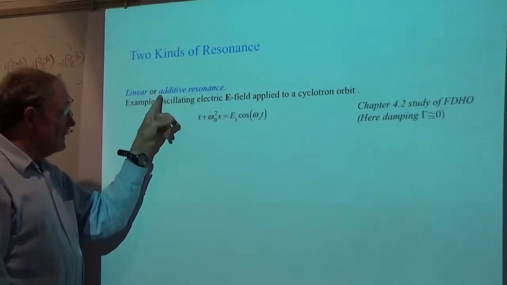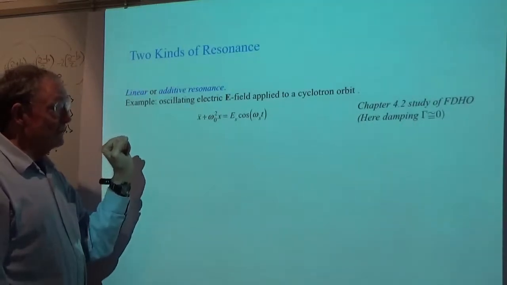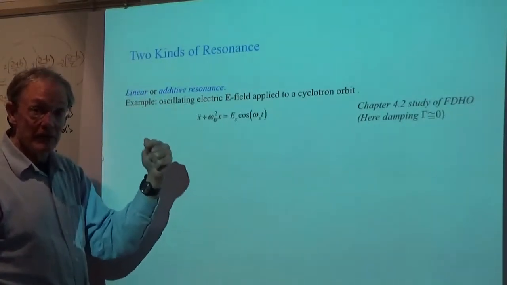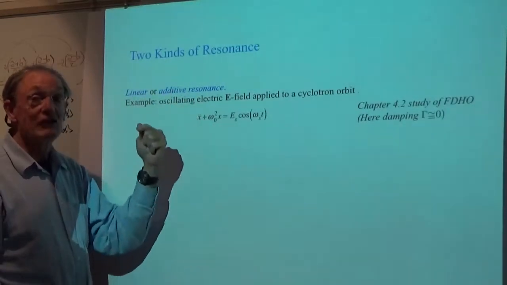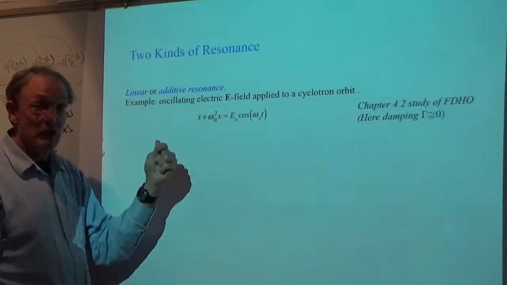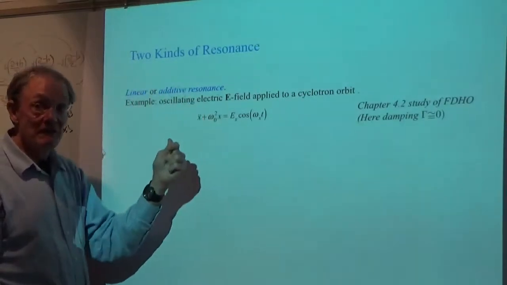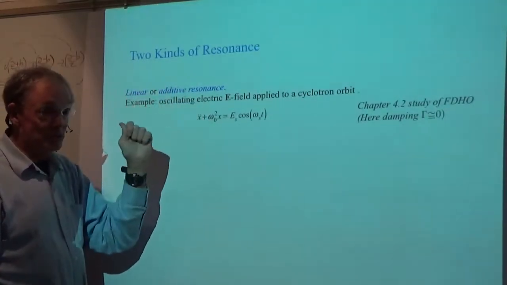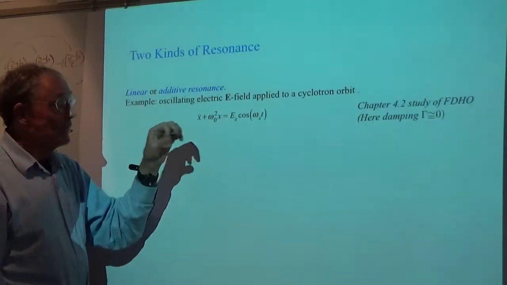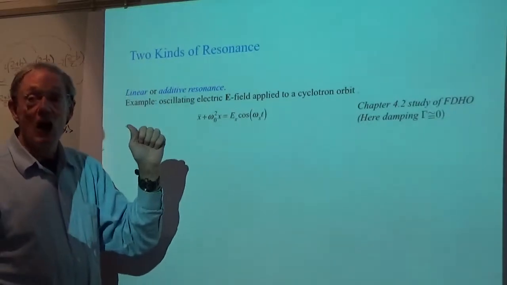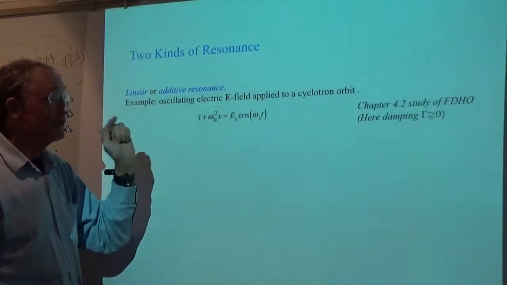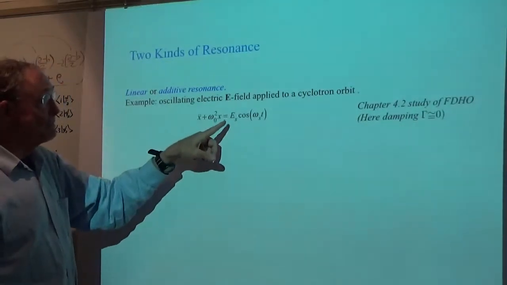That's the linear or additive resonance. You remember how it grew linearly in the phase plane. It gained velocity linearly with time as you were pumping it, assuming you were on resonance, because when you force something at a constant rate, its velocity goes up at a constant rate. So you're talking about a constant acceleration, basically.